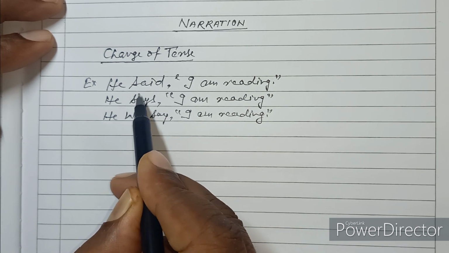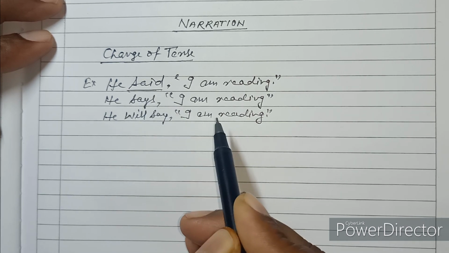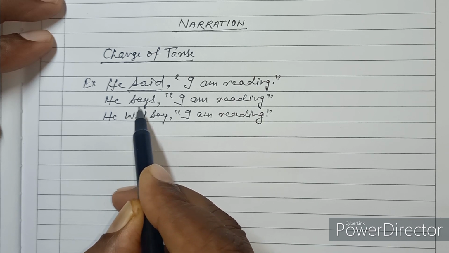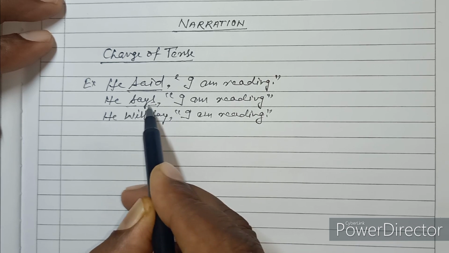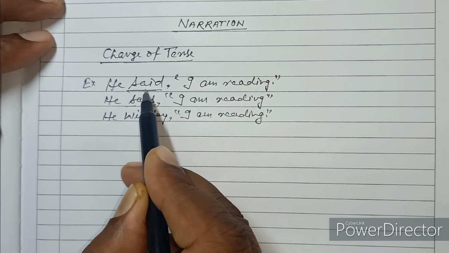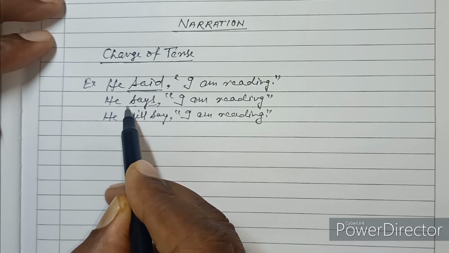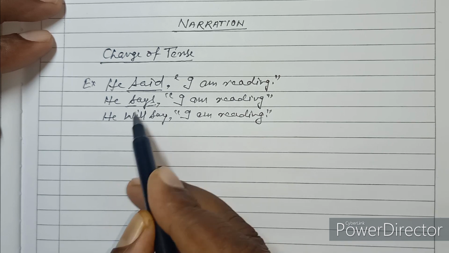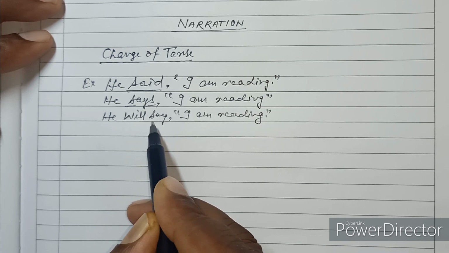In the first example, reporting verb is in the past tense, that is said. In the second example, reporting verb is in present tense, that is says. And in the third example, reporting verb is future tense, that is will say.